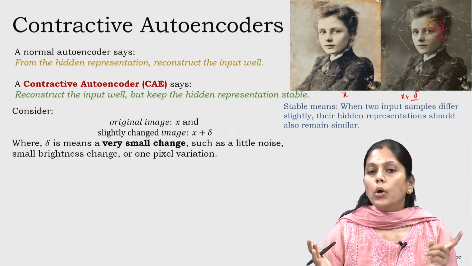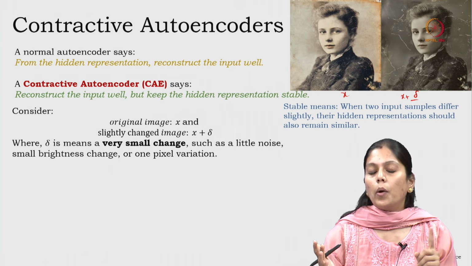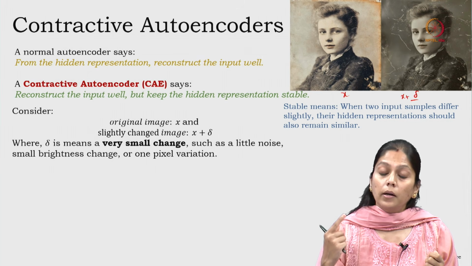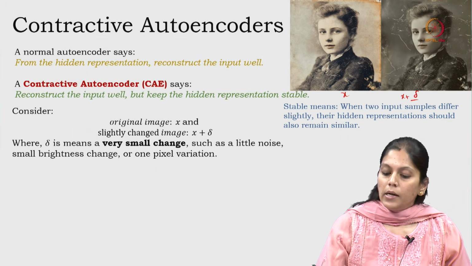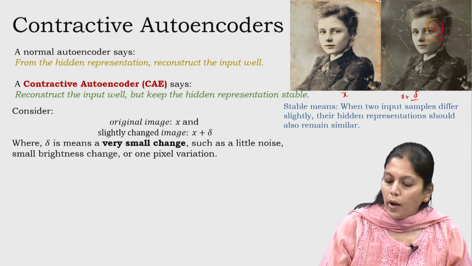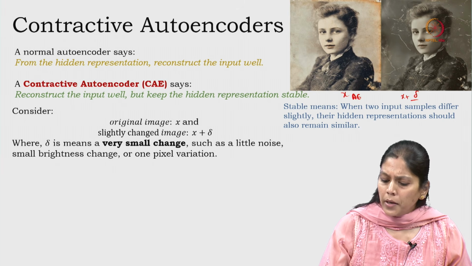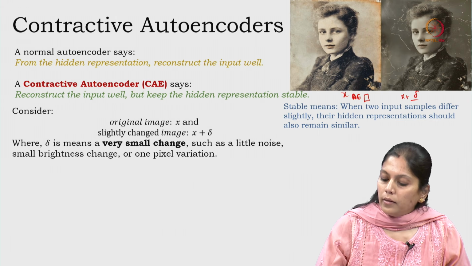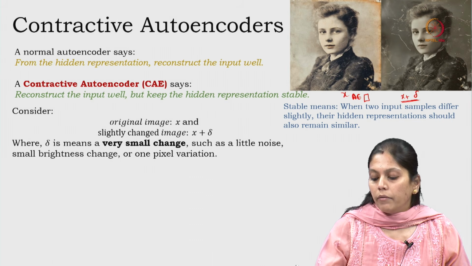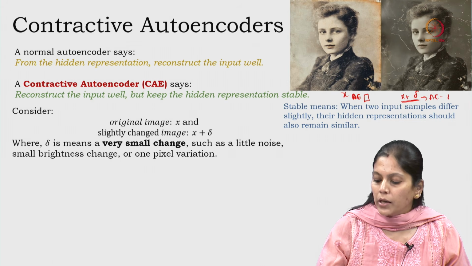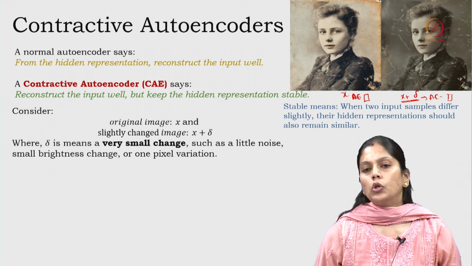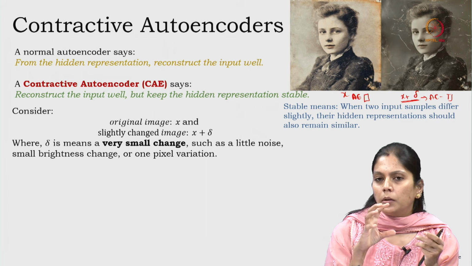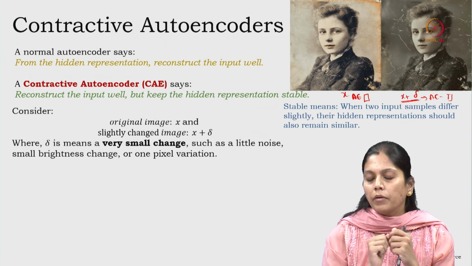But when you give this kind of input to an autoencoder, we can definitely see some change in the hidden representation. What does it mean? Suppose when x is passed to an autoencoder, it is going to give the representation, right? Now, when this noisy data is given to an autoencoder, it is going to give the hidden representation. That hidden representation is capturing all the meaningful features from the input.